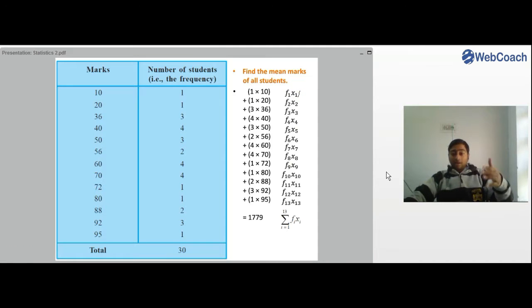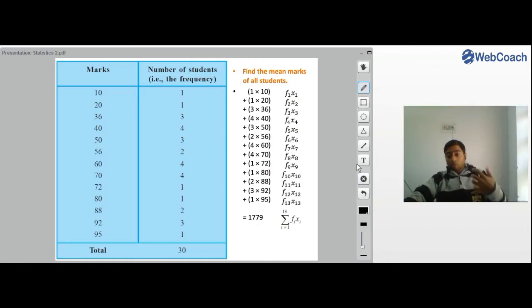So f1 x1 is a term which is similar to fi xi, which has i equal to 1, and f2 x2 has i equal to 2, f3 x3 has i equal to 3, and so on. And as we have a summation sign here, this is the sign called sigma or summation sign.